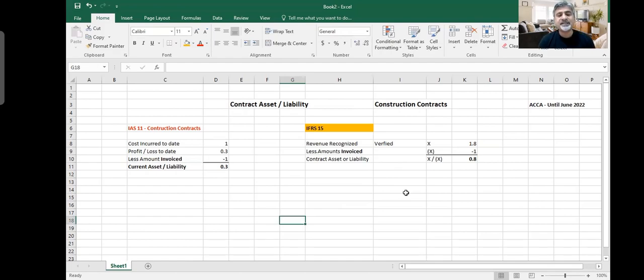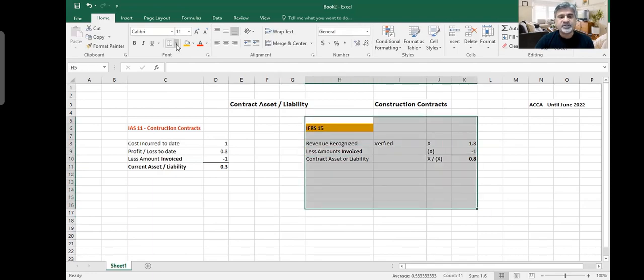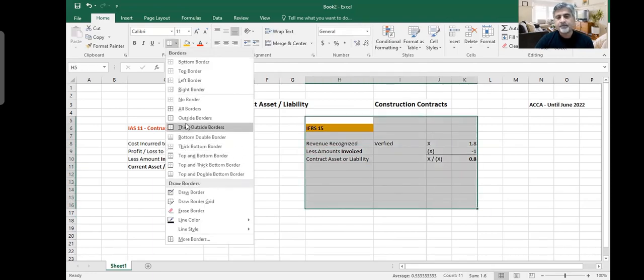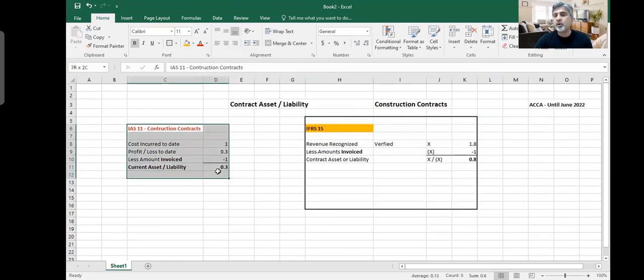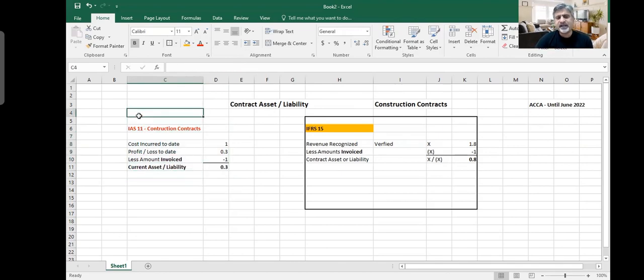Now, which method are you going to use? I would suggest you use the method under IFRS 15, because the other method is already an old method. ACCA is only giving you a relaxation for a certain period to use it. Otherwise, this method is gone. The proper method is under IFRS 15.